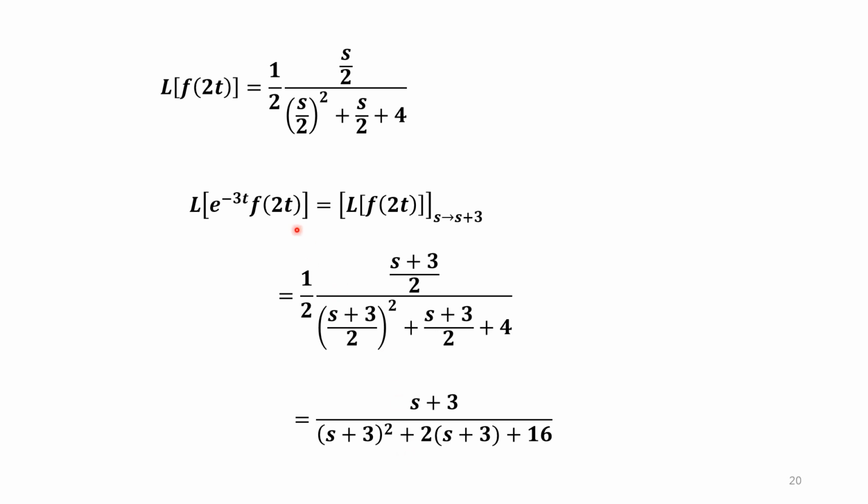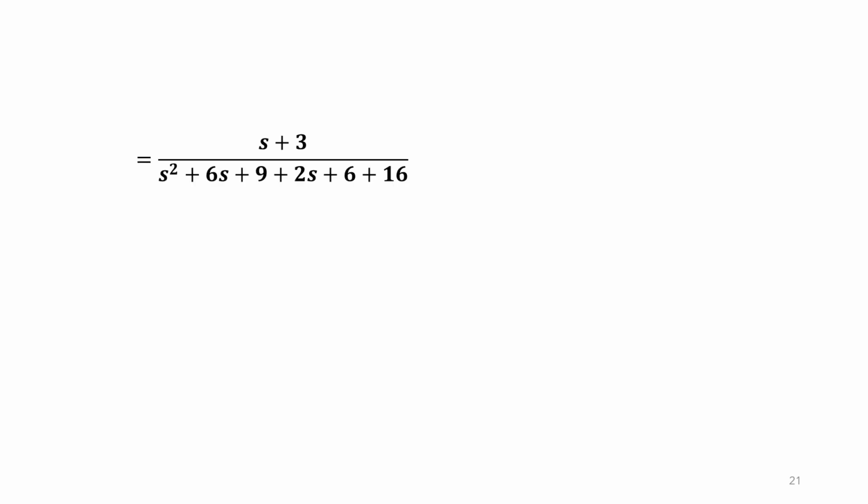So first we have calculated L of f of 2t by using the change of scale property. Whatever answer we got, since it is multiplied by e raised to, we replace s by s plus 3. Opening the bracket and simplifying: we had s plus 3 the whole square, so we expand it to s square plus 6s plus 9.